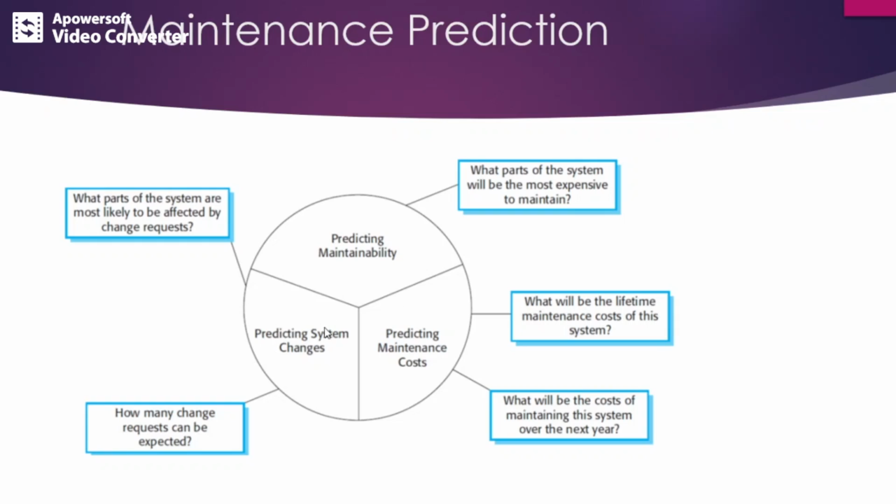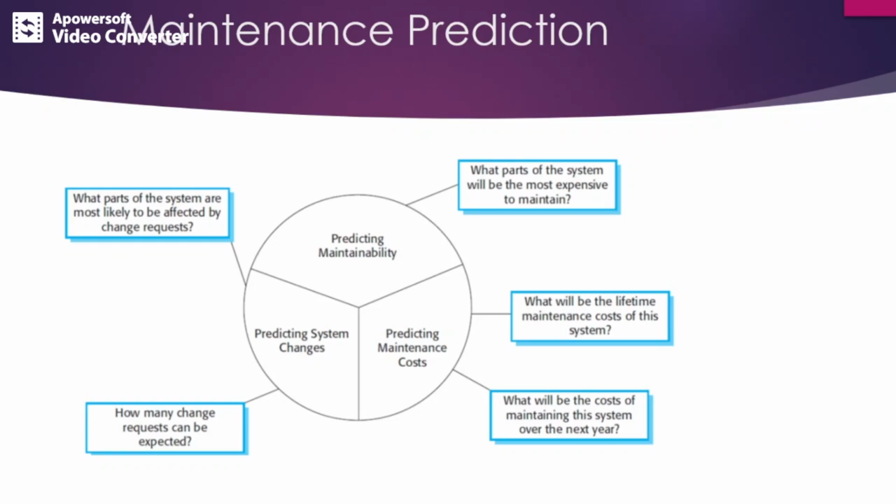Next, predicting system changes. What parts of the system are most likely to be affected by change requests? Based on the change requests, you're maintaining, updating, or modifying your system. So you need to see which parts will be most likely affected by that change. That is more important.